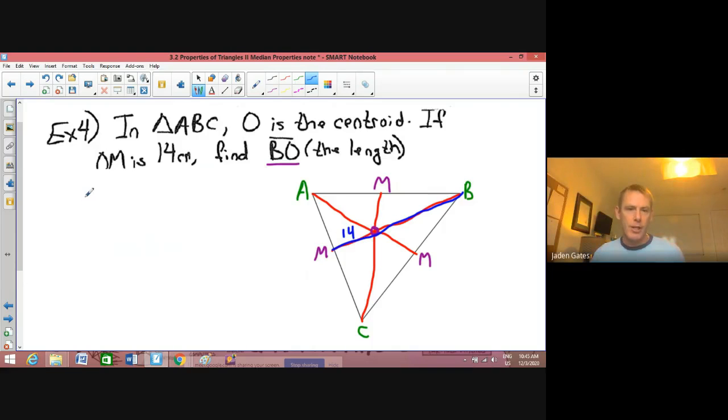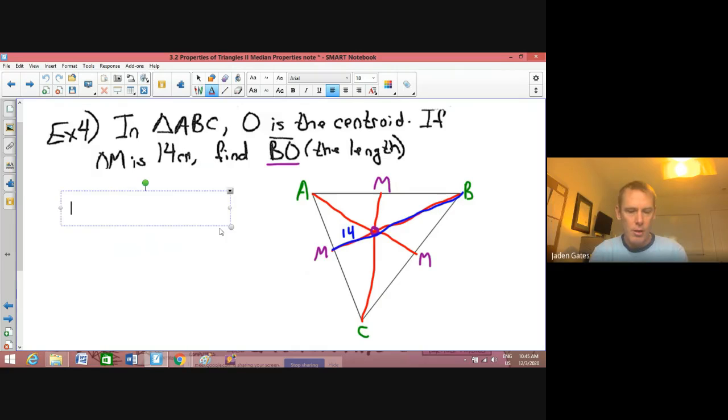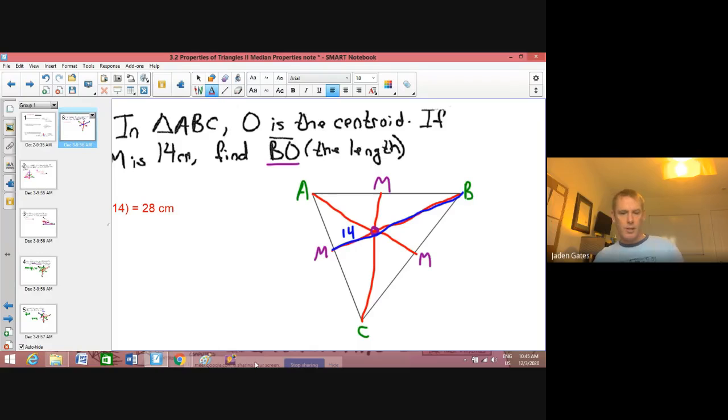So B to O is equal to 2 times that because it's twice as big, which of course then means that it's going to be 28 centimeters. That's the unit I had there. And there we go. That's it.